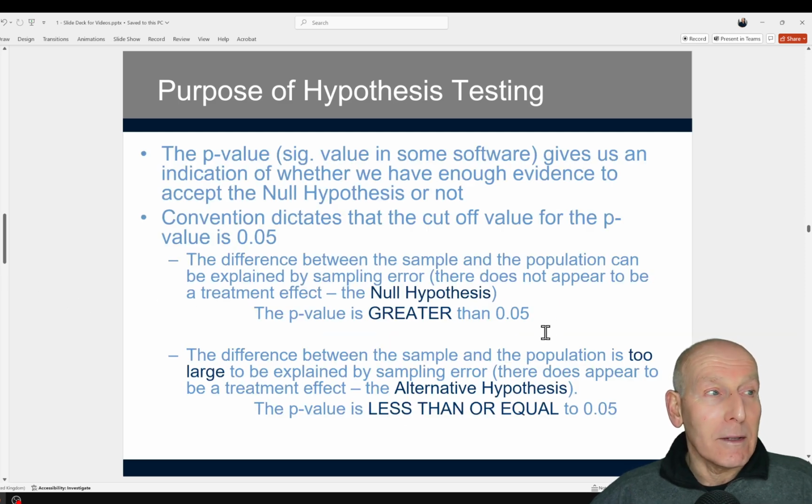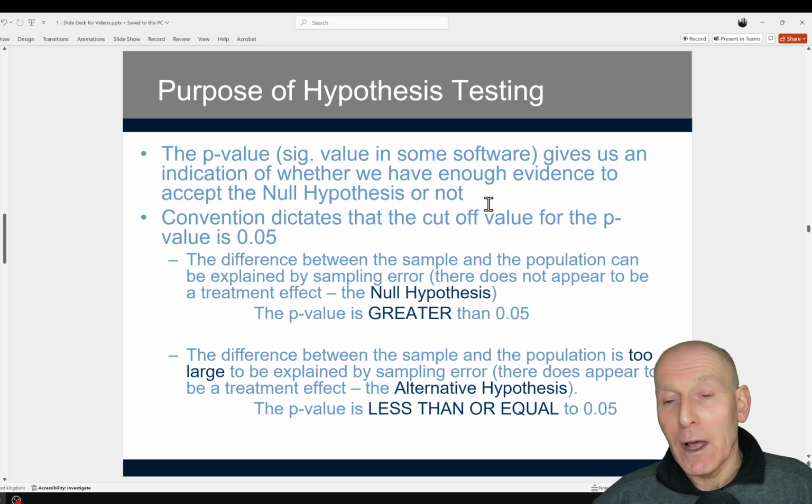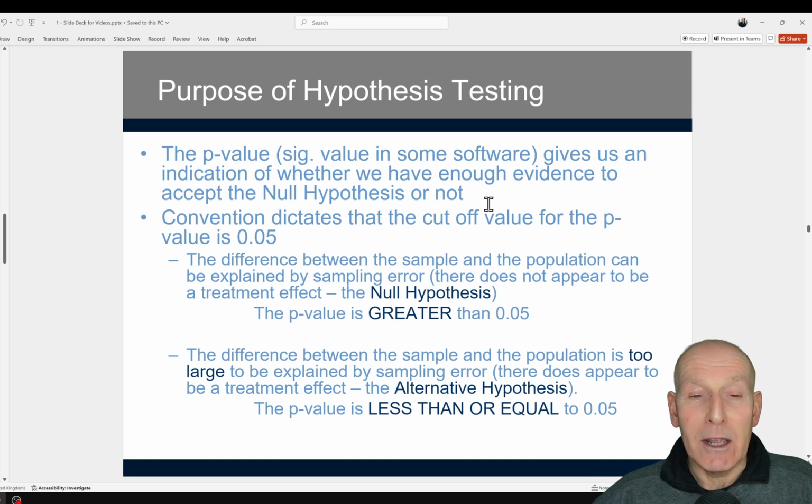Now, as I said, we do have some definitions here, and again, the p-value, which often is illustrated as a significance value in some software like SPSS, is giving us an indication of whether or not we can accept the null hypothesis explanation of any differences.